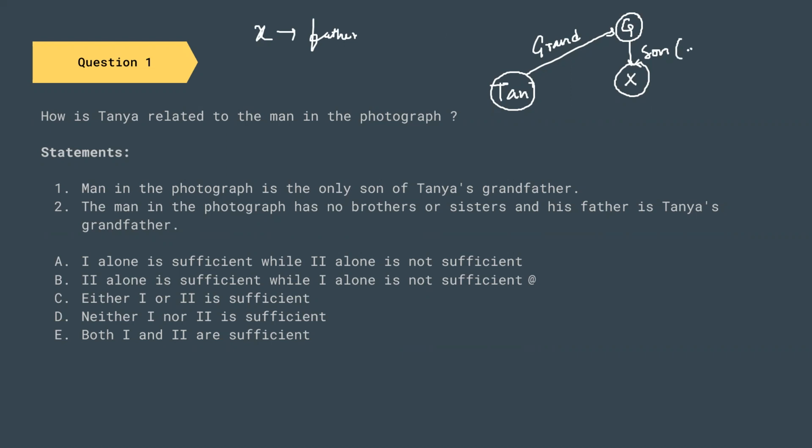It is said that X is the only son of G. So if G does not have any daughters, then Tanya is the daughter of X, or X is the father of Tanya. But on the other hand, if G has a daughter, let us suppose A, then Tanya will be the niece of X, or X will be the maternal uncle.